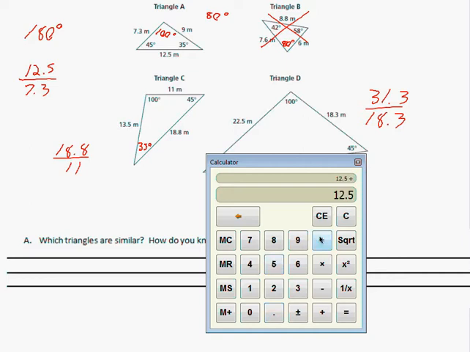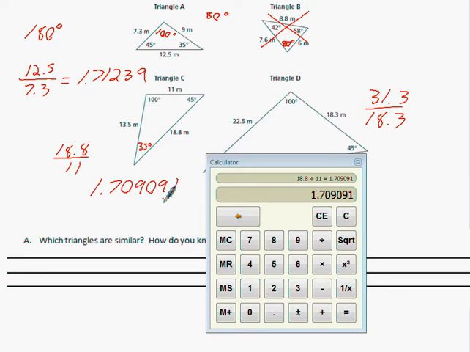12.5 divided by 7.3 equals 1.71239. Like I said, not a very nice decimal. The calculator is even rounding it. Next one, 18.8 divided by 11. 1.709091.